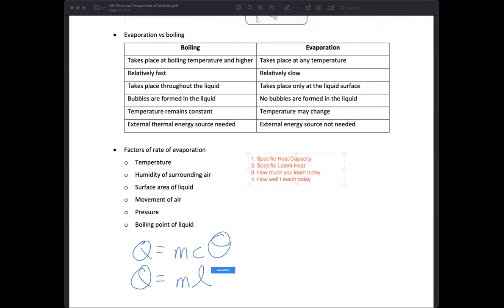Okay, small l. Capital L is latent heat. They use small l. So can you all do that again?